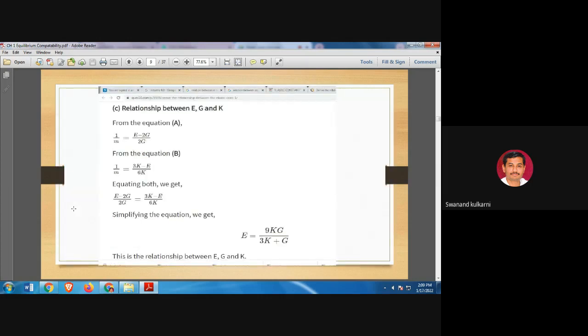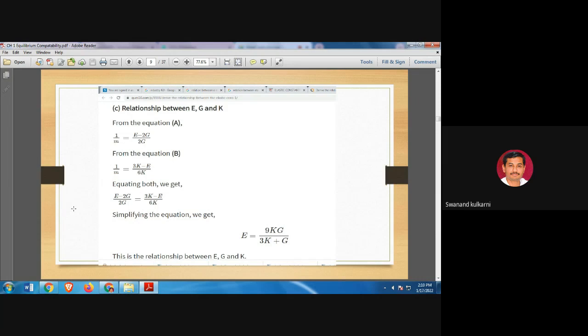The third equation between E, K and G is E is equal to 9KG upon 3K plus G, where E is Young's modulus or modulus of elasticity, K is bulk modulus, and G is shear modulus.